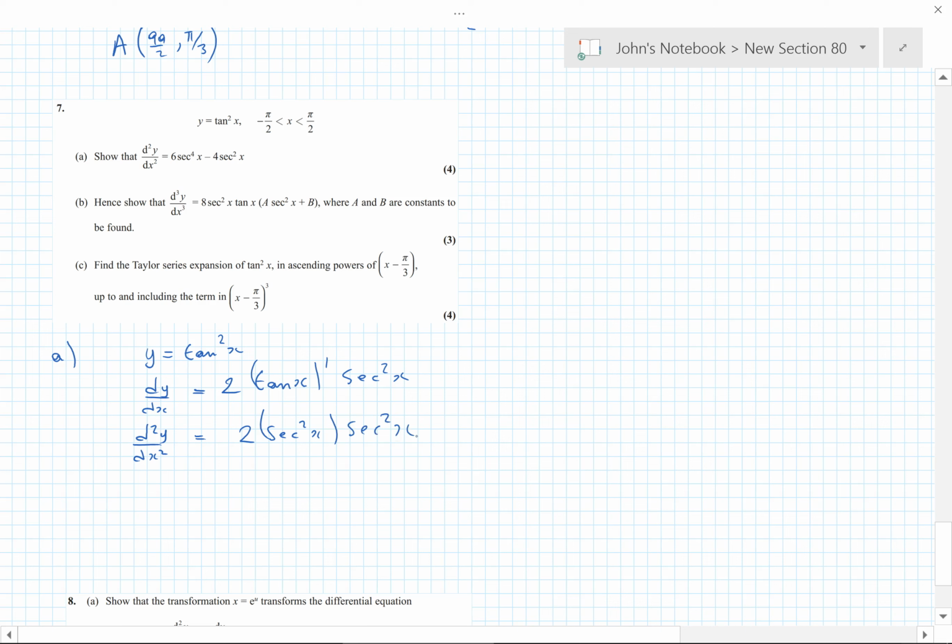Now we need to differentiate the 2 tan x times sec x differentiated. Well, sec x differentiated is sec x tan x, but we've already got the sec x to the power 1, so that's going to be sec squared x there.